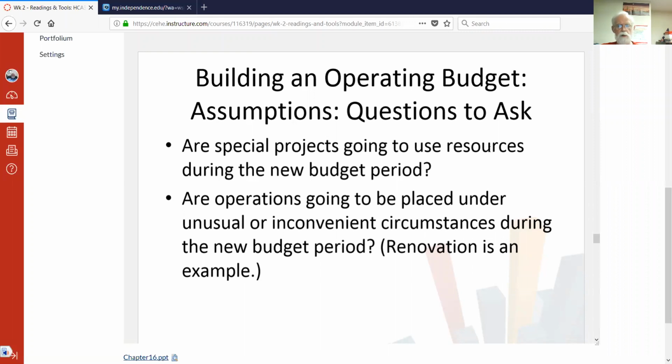Questions, special projects. This can be most anything. This can be someone decides to put together a task force to determine an expansion plan. That's going to take away some of the resources from doing other things in the organization.